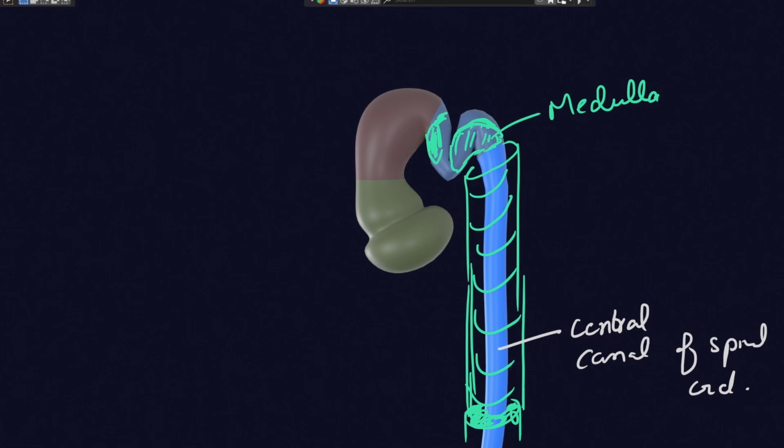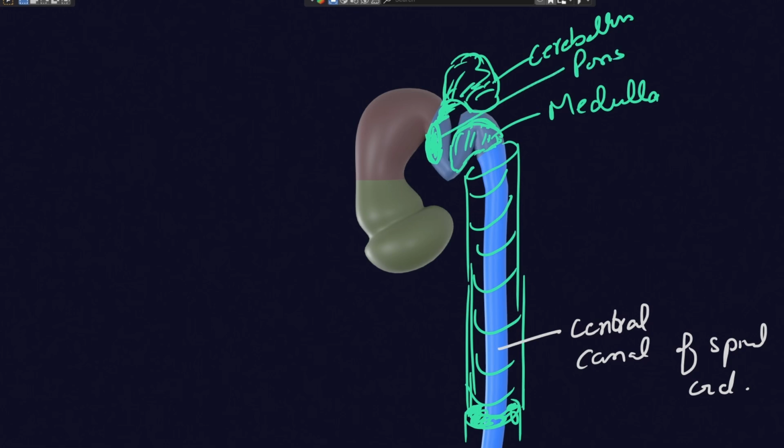We will discuss the details later, and these lips will meet, they will form the cerebellar plate, and ultimately a beautiful cerebellum will be formed here, right? So Metencephalon will transform into cerebellum as well as the pons, and the cavity between them, this CSF filled cavity, is the fourth ventricle.